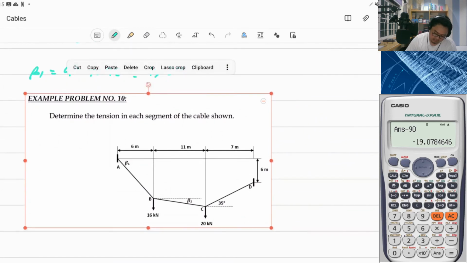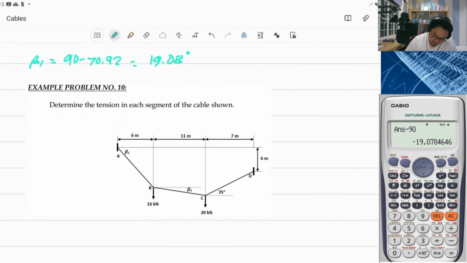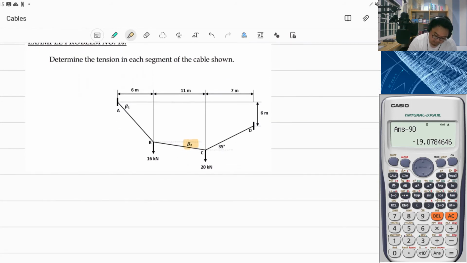So we have already beta 2. Now, we have already the tension BC. So we can solve for the tension AB, okay, by method of joint.